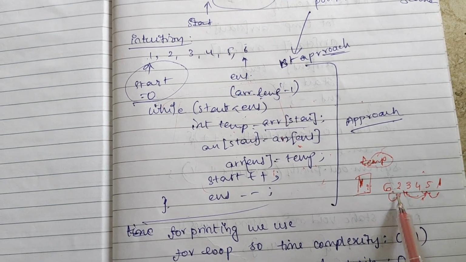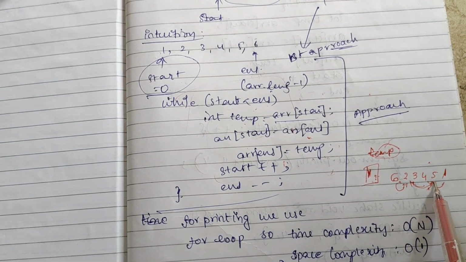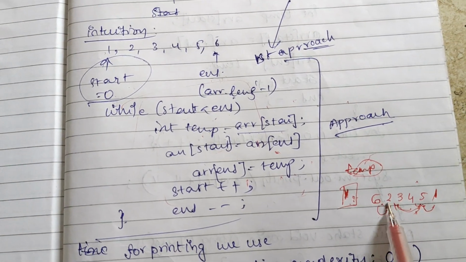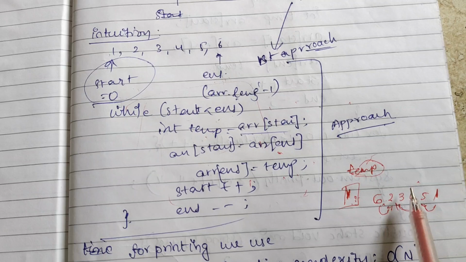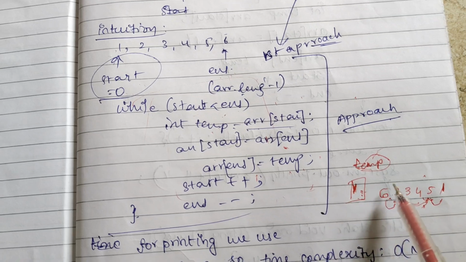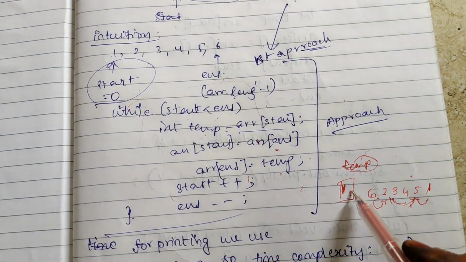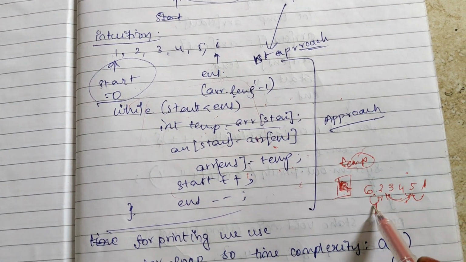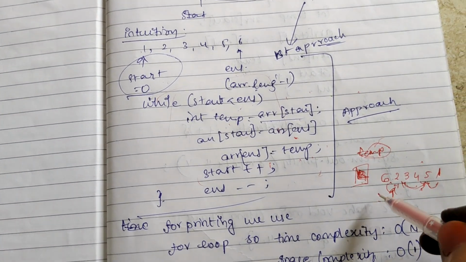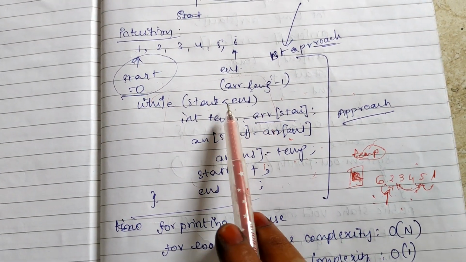Obviously it is less, so I swap these two also using the swap algorithm, and my temp will now hold 2, because the element at that position is 2. Again I increase my start and decrease my end, and I repeat the same until my start is no longer less than end.